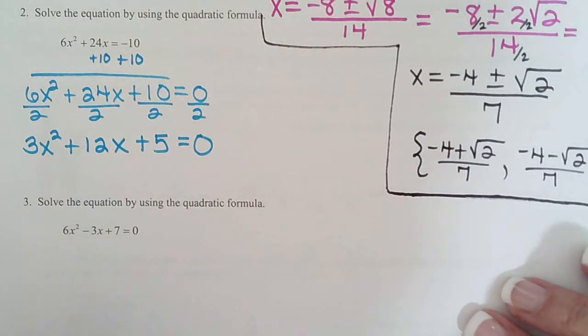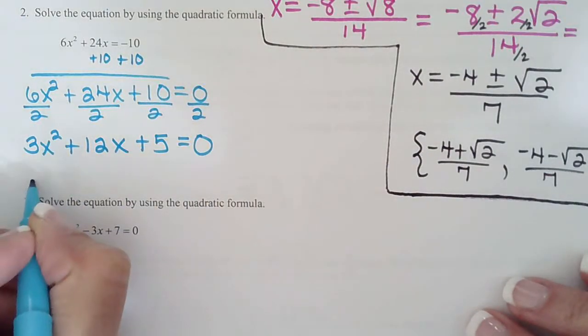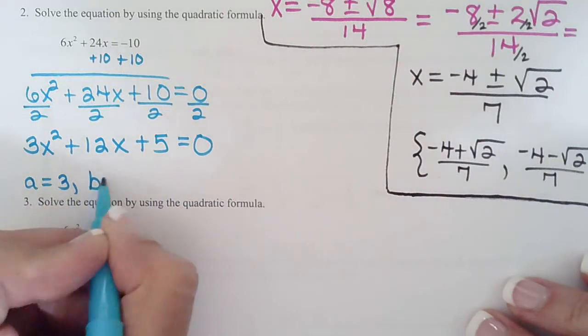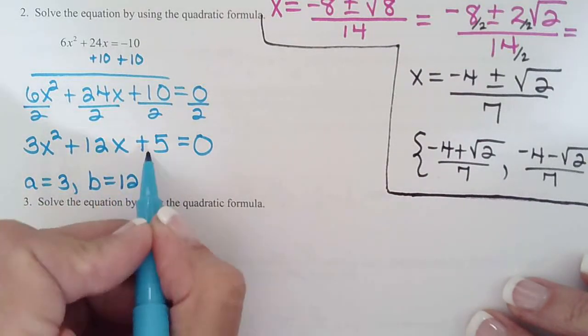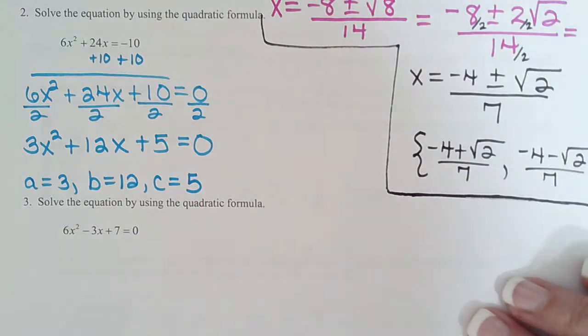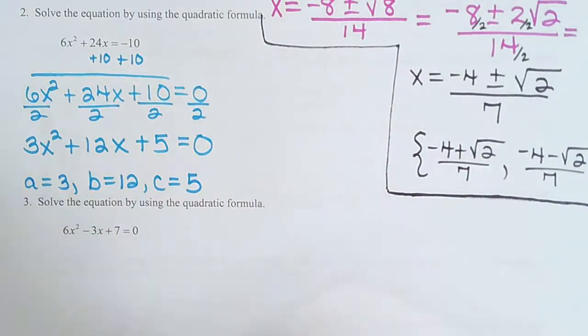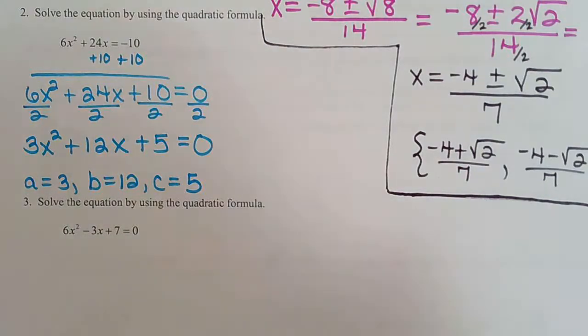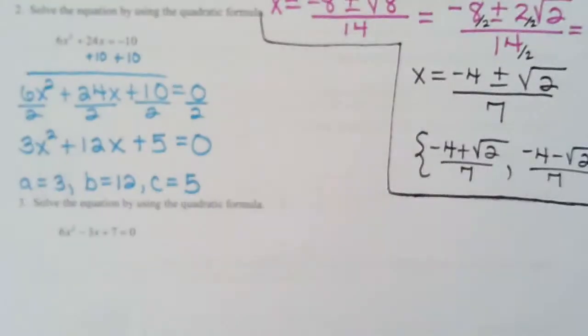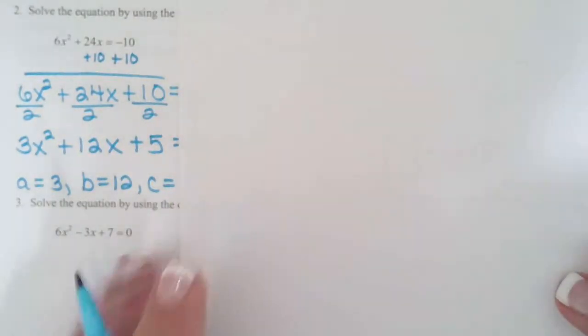So it's set equal to 0. So now we can name our pieces. A is 3, B is 12, and C is 5. And I'm going to go ahead and do another sheet of paper, again, just so I don't run out of room. So I'm going to rewrite the problem.